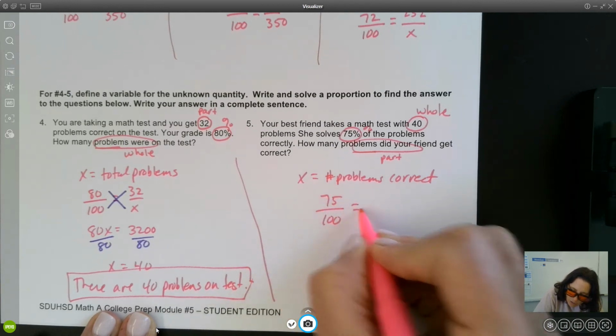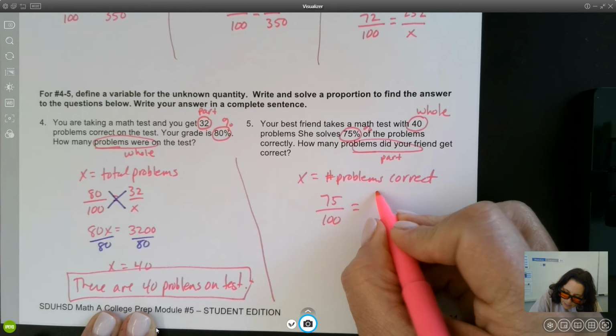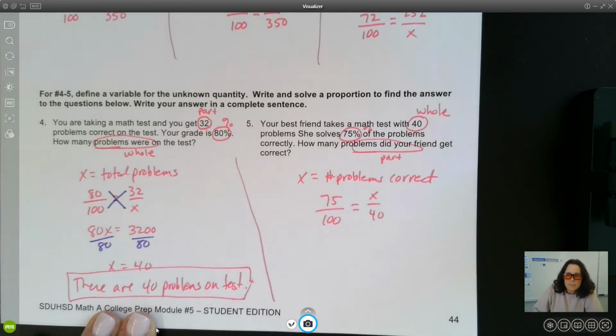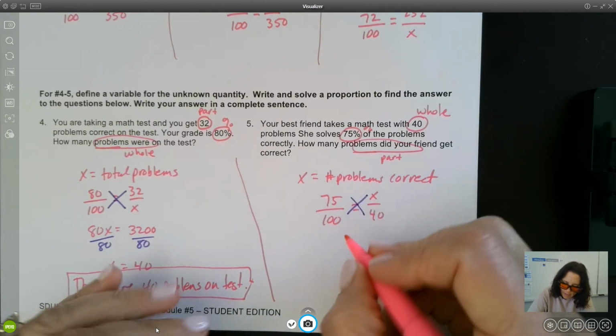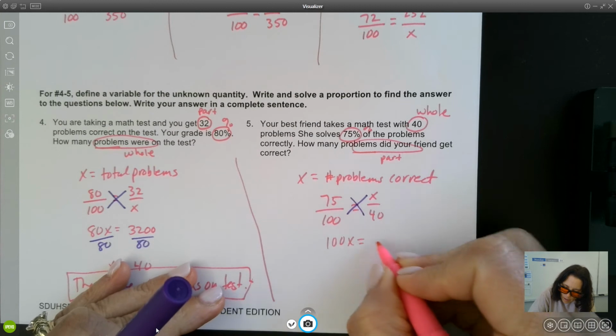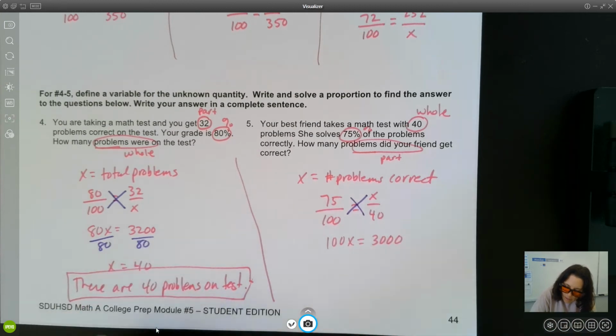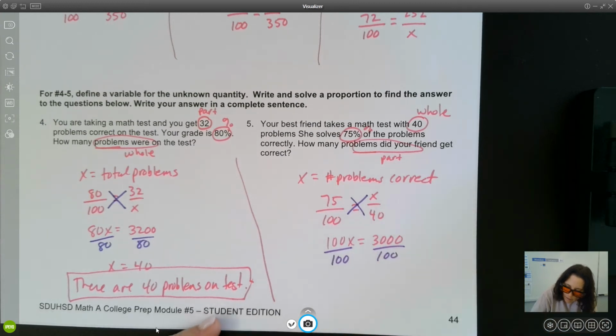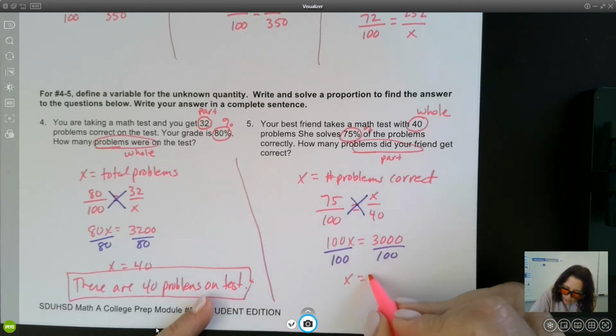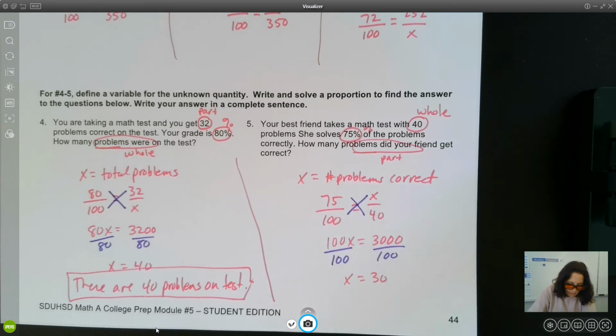So 75% over 100 equals X over 40. 100X equals, that comes out to be 3,000. Divide by 100, and we get 30.